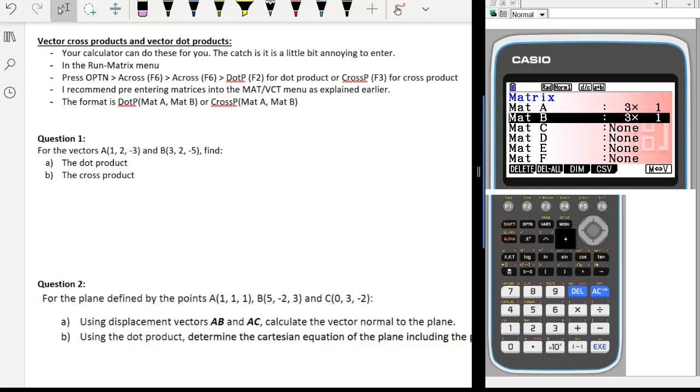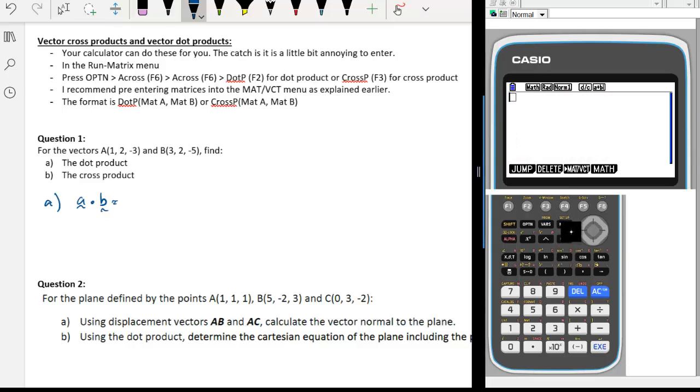So with these vectors, you have to enter them as storage vectors. Now you can do it both ways, and I'll show you. But if I wanted to find the dot product and the cross product of these two vectors, obviously it will just be vector A dot vector B, and we should only get a scalar value, a single numerical value, when we do this. So let's go back out, and we can say option matrices vectors, and we go across twice, and I want the dot product.